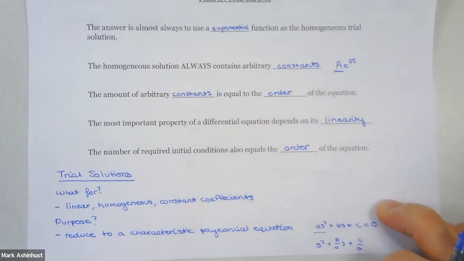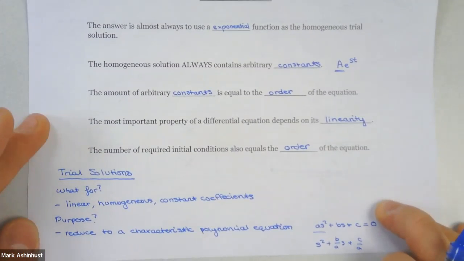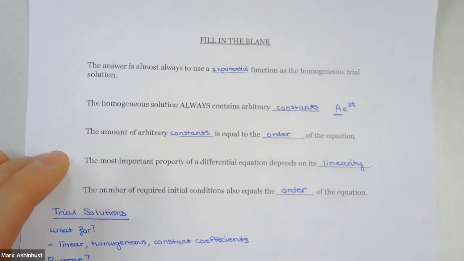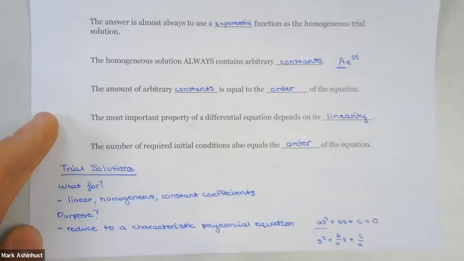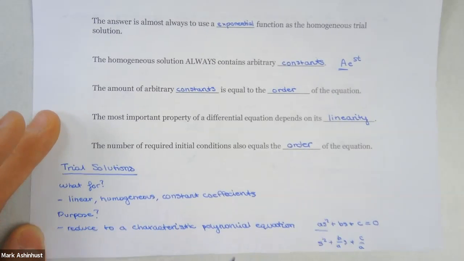And I think I have one more thing about trial solutions on here. Oh yeah, the last thing is that the constants found in the trial solutions are from the initial conditions.